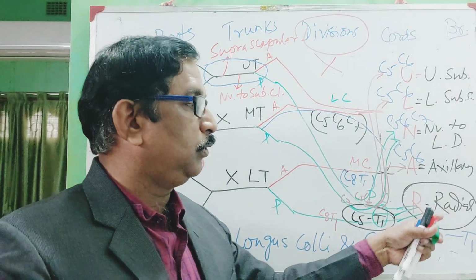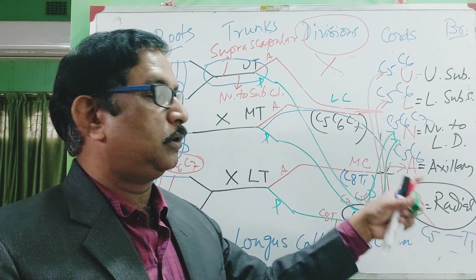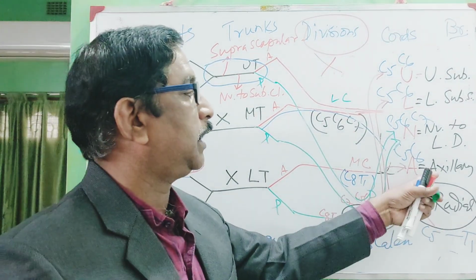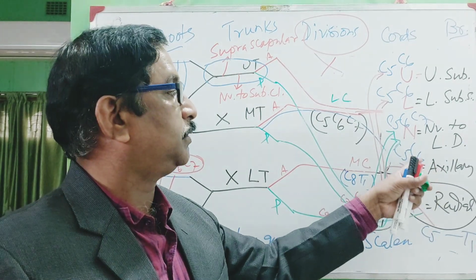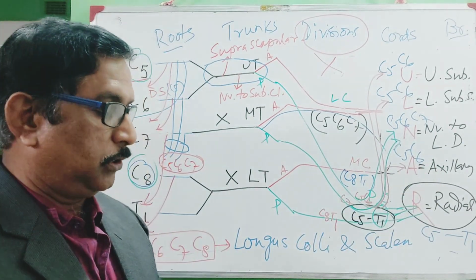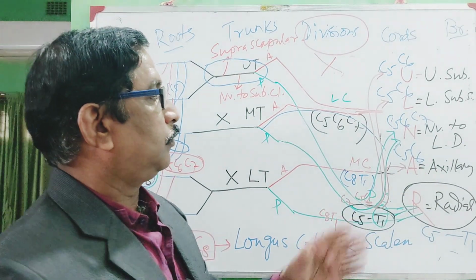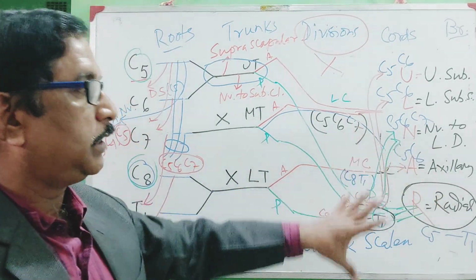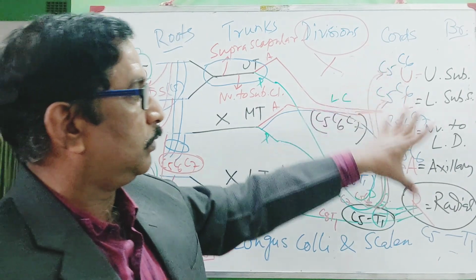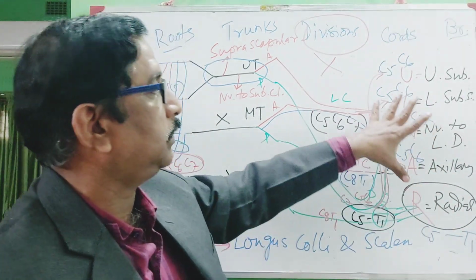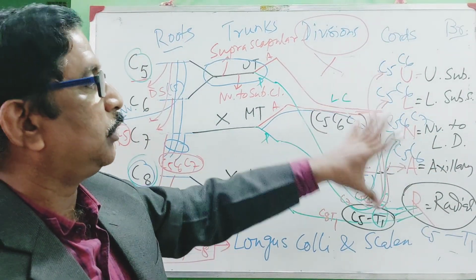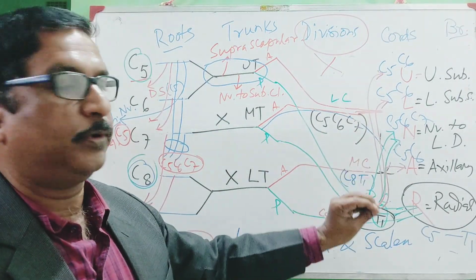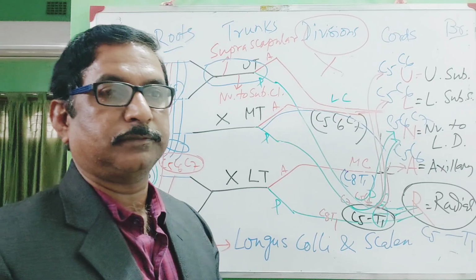So the root value is the anterior rami of C5 to T1 spinal nerves, and the root value of the axillary nerve is the anterior rami of C5 and C6. So it is very easy to remember where they are coming from and how they are formed. It does not mean that all the nerves are formed by all the components of the posterior cord; some components form some of the nerves.